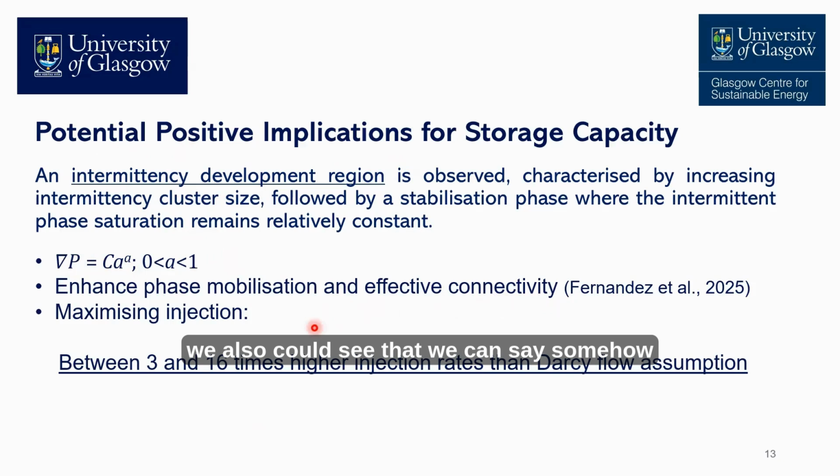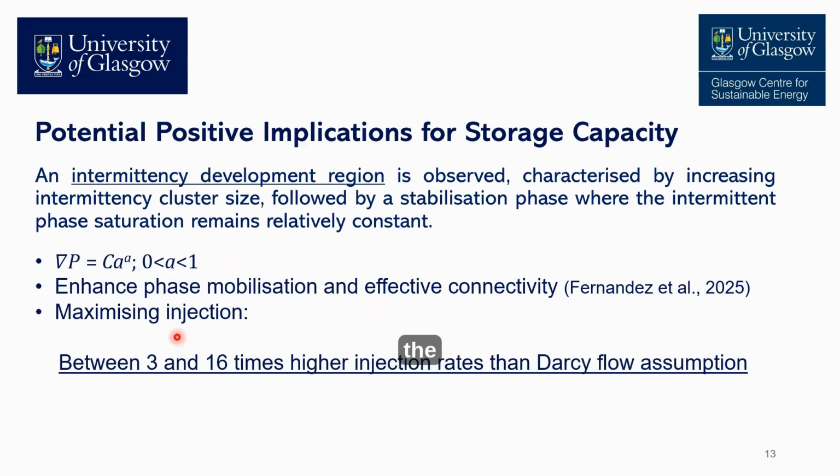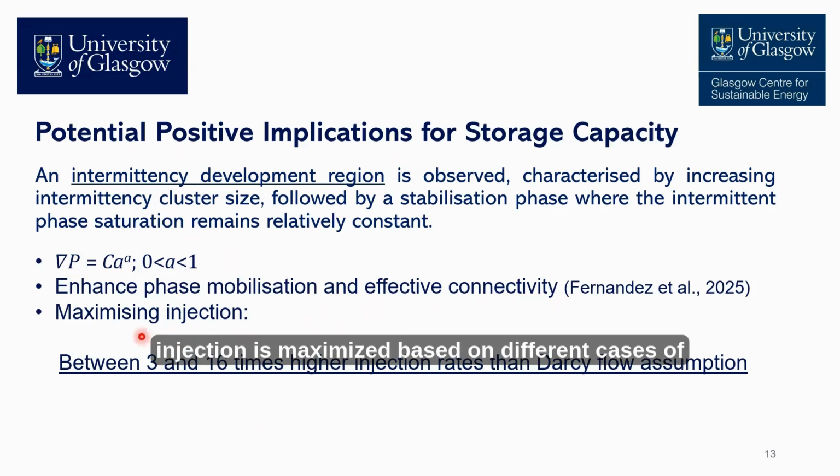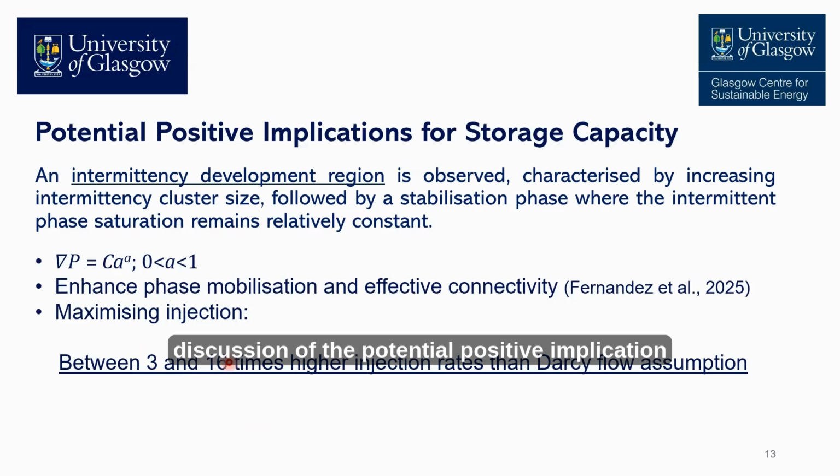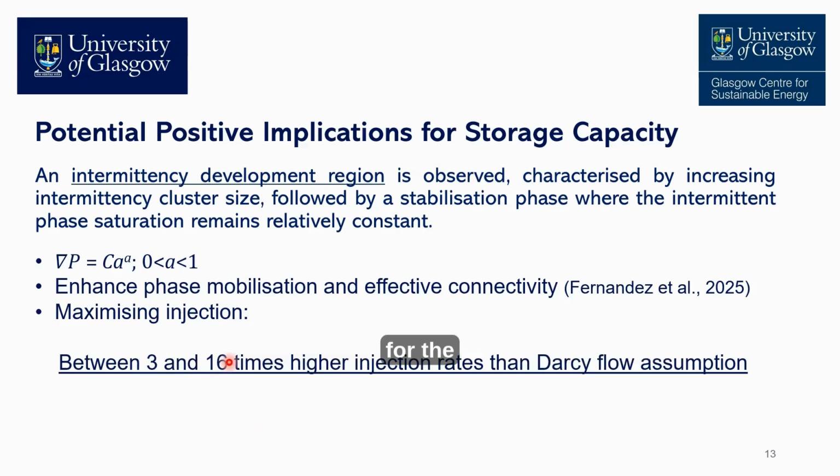So we can say the injection is maximized based on different cases of fractional flows. We could see that the injection rate can be higher compared to the Darcy flow assumption, something between 3 and 6 times. So this is the quantitative discussion of the potential positive implication for the injectivity of the gases underground.